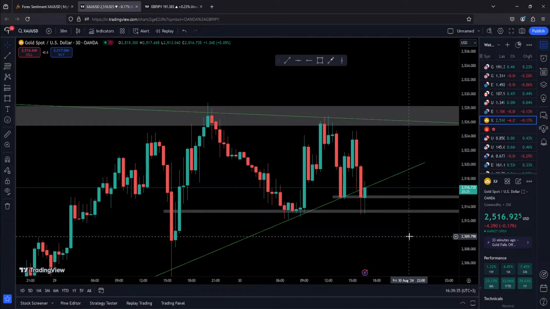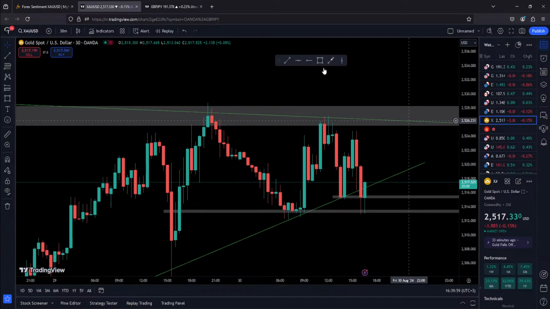So just to check my analysis, I'm going to take a small trade. Usually I trade with one lot, but I'm going to take 0.5 lot for this trade, because the probability is there, but I'm still just checking this out.